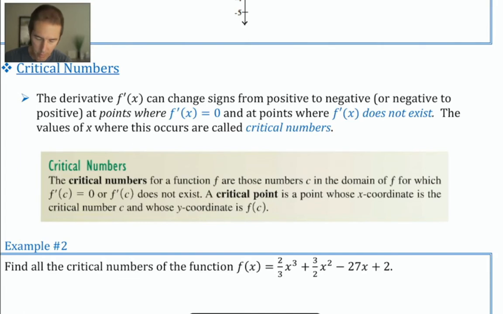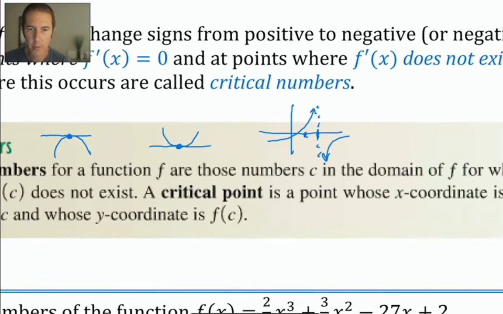So you're either at the top of a hill, because here the slope of the tangent line is 0, or you could be at the bottom of a valley, this point right here, slope of the tangent line is 0, or perhaps you're working with a function that has an asymptote, maybe at +2.